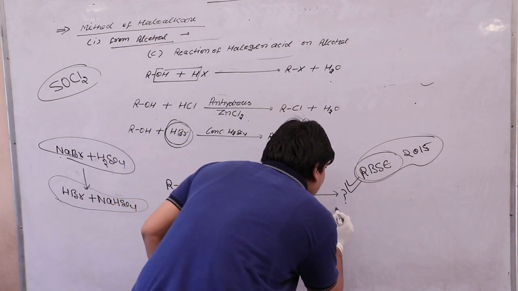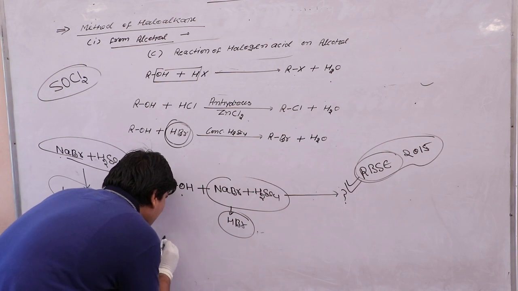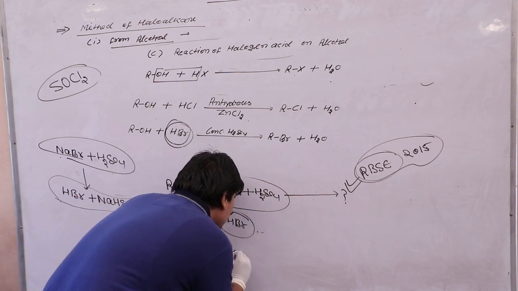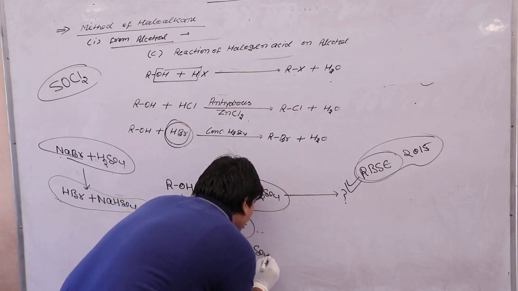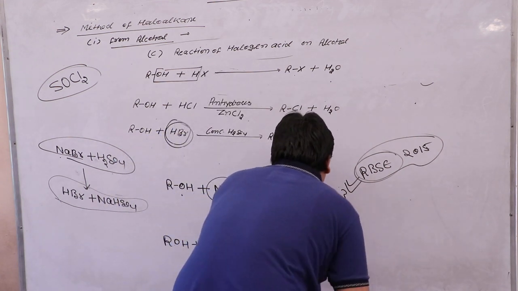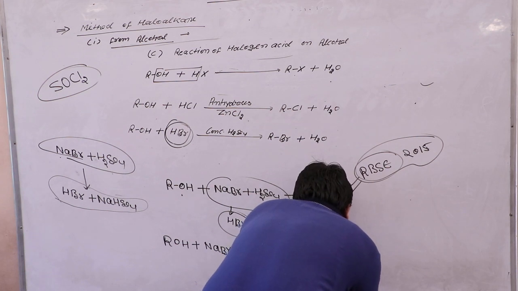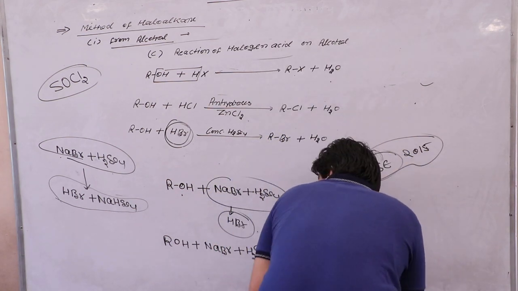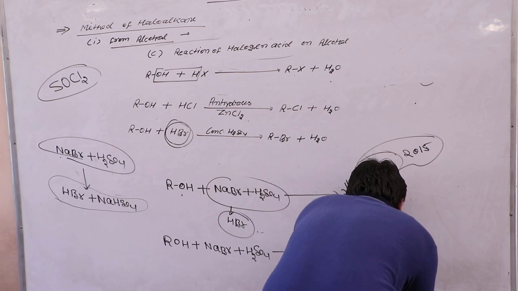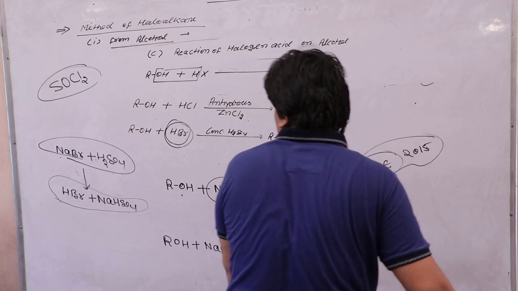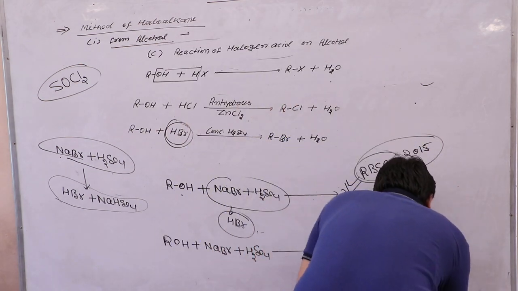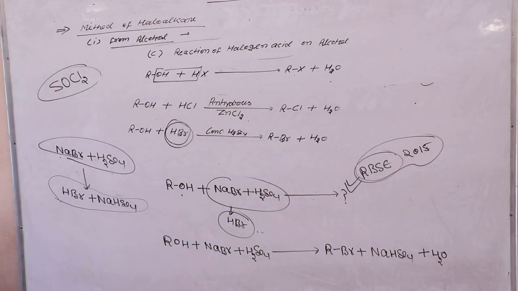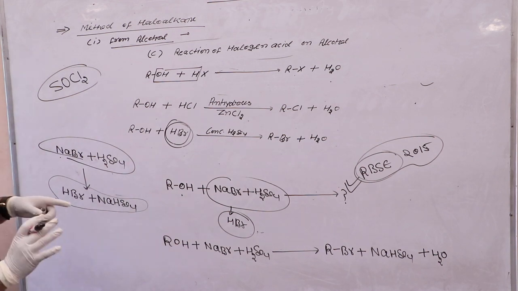So the answer: ROH plus NaBr plus H2SO4 gives RBr plus NaHSO4 plus H2O. Very important in RBSE 2015.